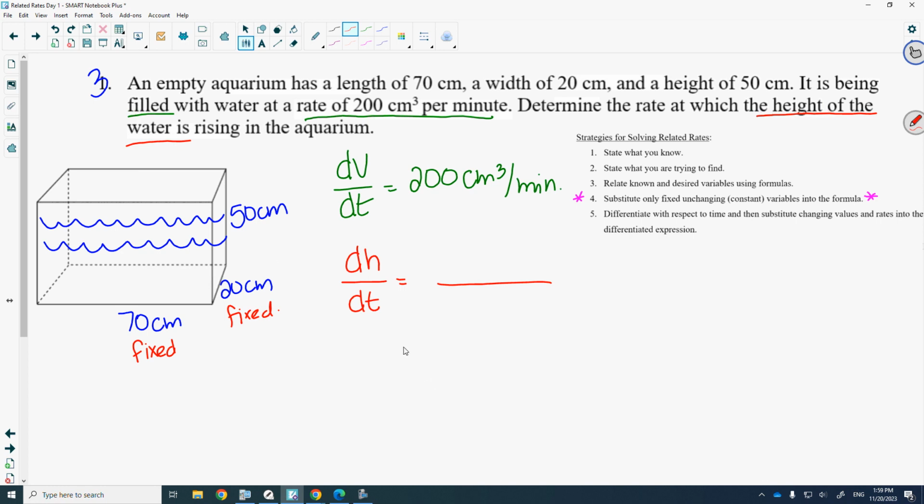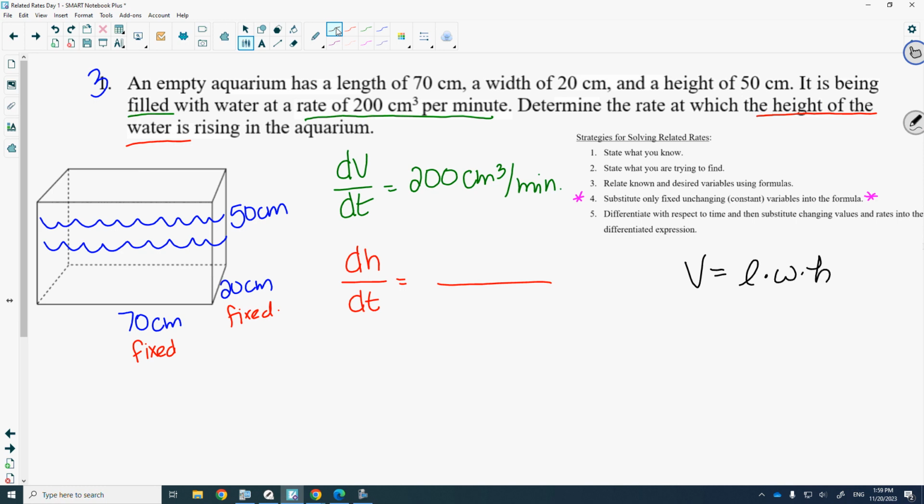Now we need a formula that's going to relate volume and height. So what would the formula be, first of all? The volume of a rectangular prism is what? Okay. Length times width times height.